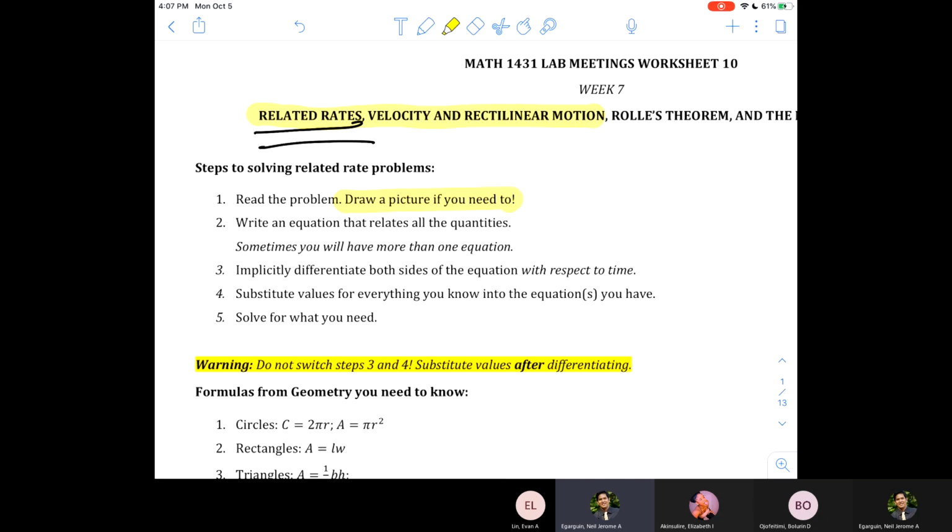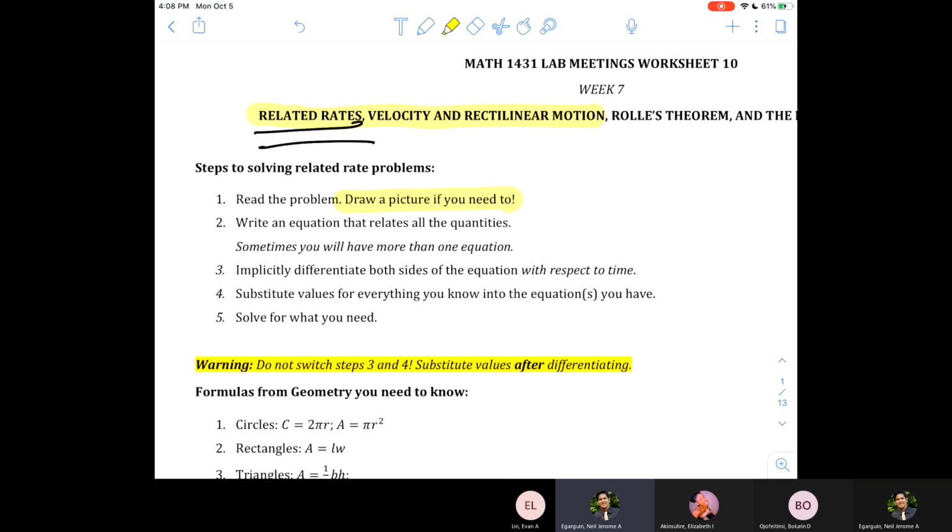And number two, it is also a good avenue in which you can define the variables that you will be using, which will aid somebody who will read your work. Because sometimes we tend to use our own set of variables or notations. So having a picture with all information labeled would be very helpful, right? Not only for you, but also for the one who will be grading your work.